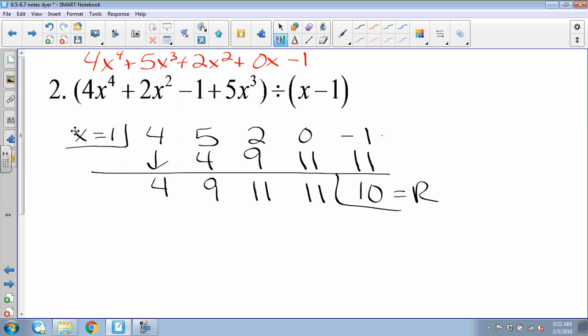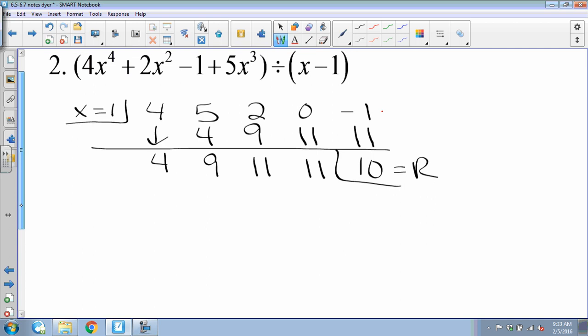If it has a remainder, that just means that x minus 1 is not a factor, and that just means that x equals 1 is not one of the x-intercepts. So we can get something that's not 0 and still be right on the problem? Yes. If the problem says divide using synthetic division, I don't care if you get a remainder. It's part of the answer.